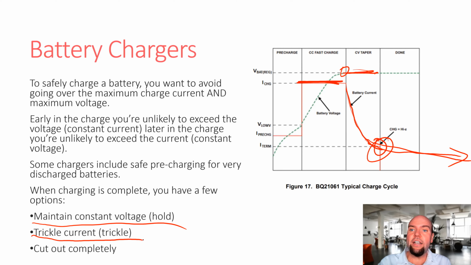Sometimes they will even allow the voltage to go up a little bit. What they're saying is, I know when this battery is full, that if I just keep putting 5 milliamps into it, that's not enough to actually damage the battery. If I put some small constant current, that's enough to keep it fully charged and it won't damage it. So I'm just going to keep this little trickle of current flowing in to keep it all topped off.